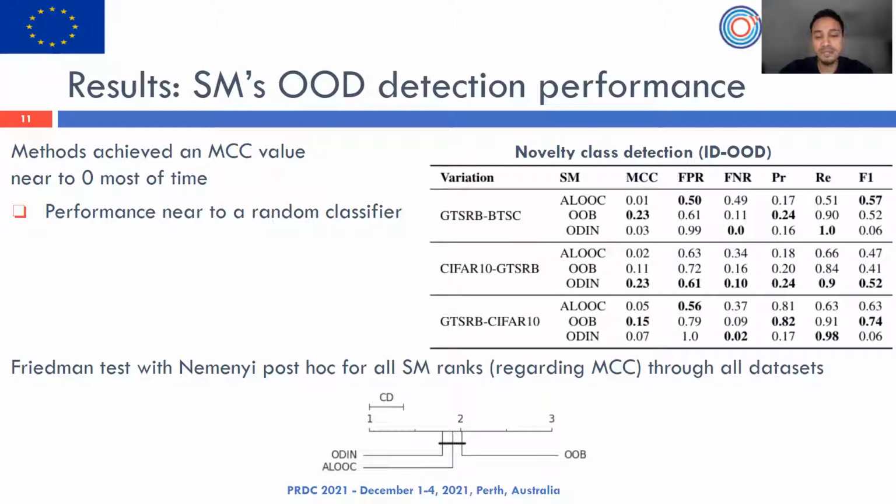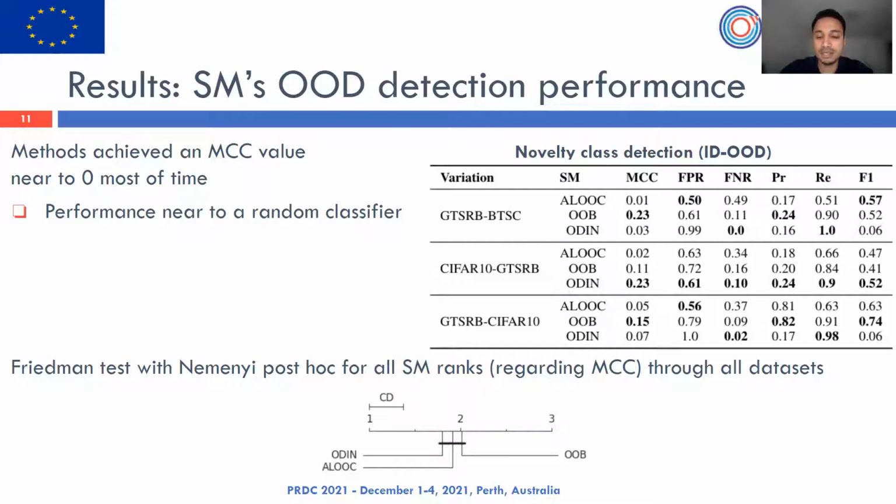And we applied a Friedman test to build this score here, just to show that when we tested all these safety monitors through all the datasets and all the types of OOD data, in the end, even though Odin achieved the first place or the best performance between the 3 methods, in fact, they don't have any difference if we consider these results statistically.